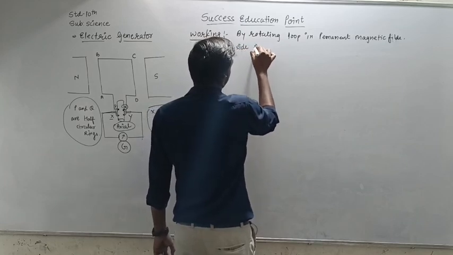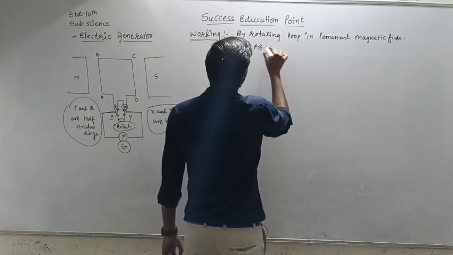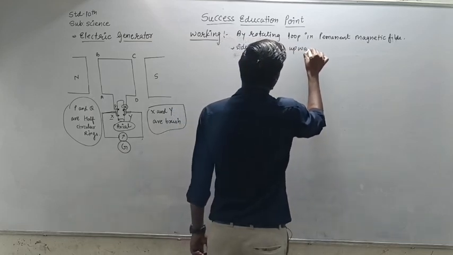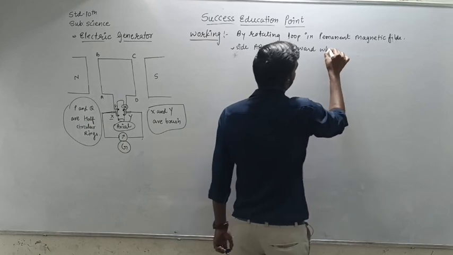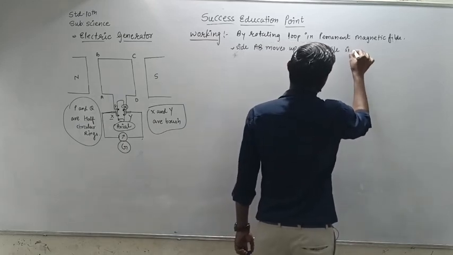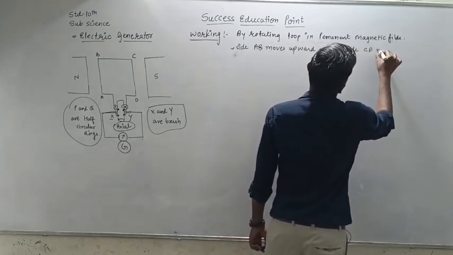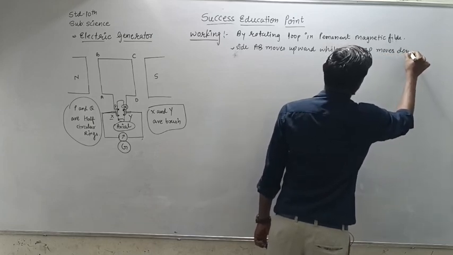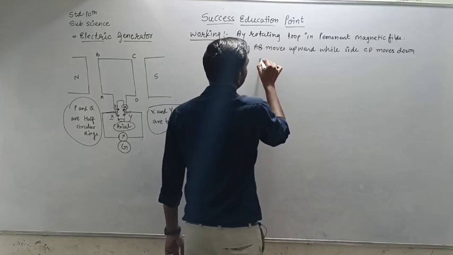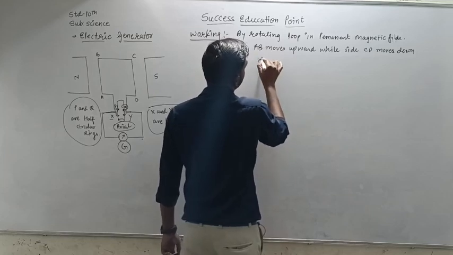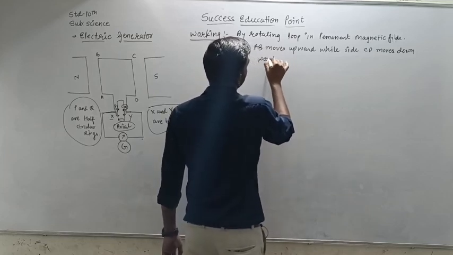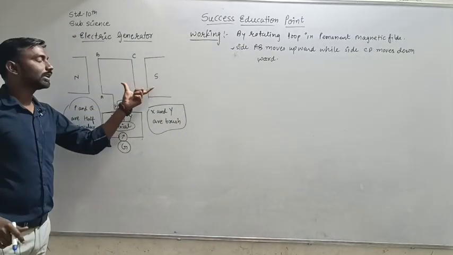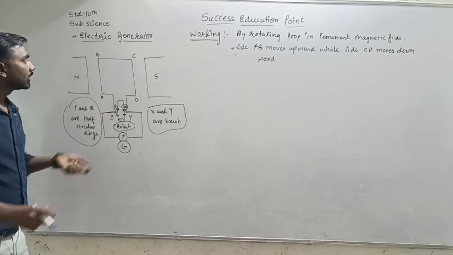Side AB moves upward while side CD moves downward. So what we have to do here is rotate that loop in this permanent magnetic field in this manner.